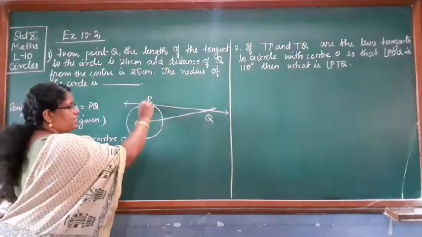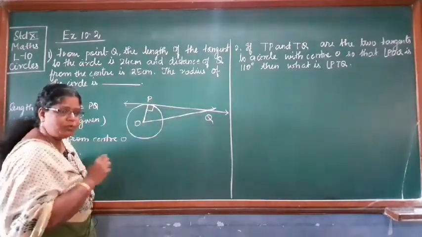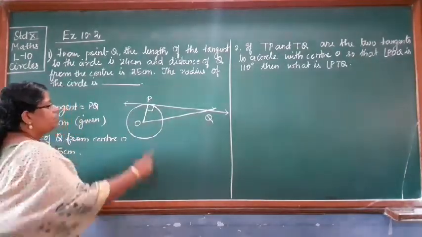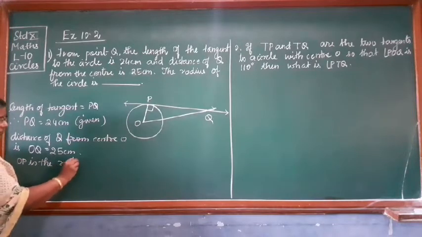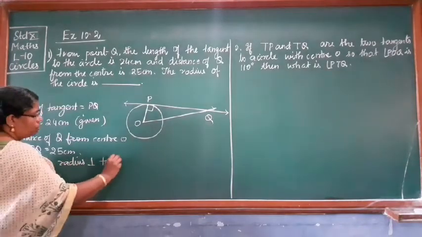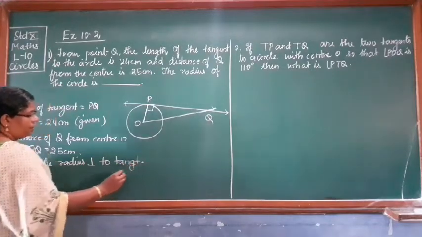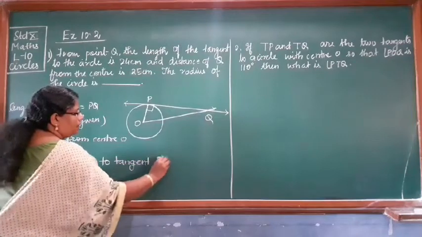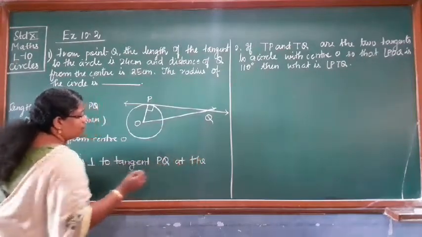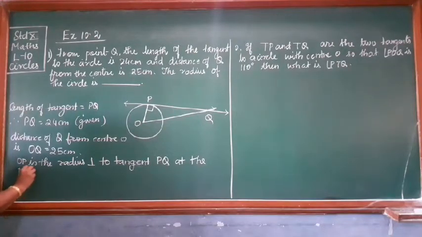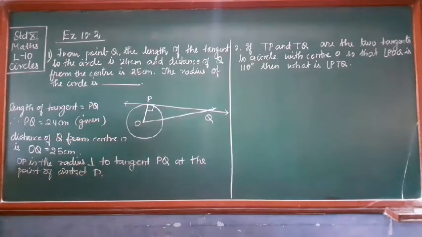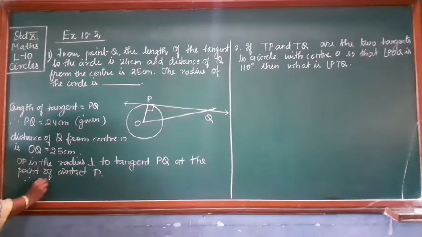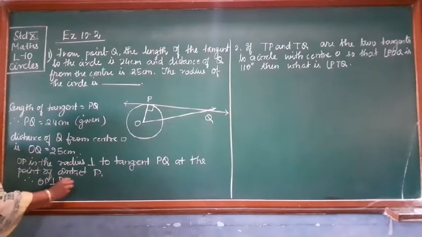OP is the radius which is passing through the point of contact of the tangent PQ to the circle with center O. So you can write OP is the radius perpendicular to tangent PQ at the point of contact P. Therefore you can say that OP is perpendicular to PQ.